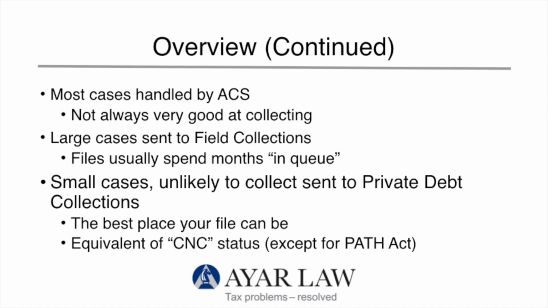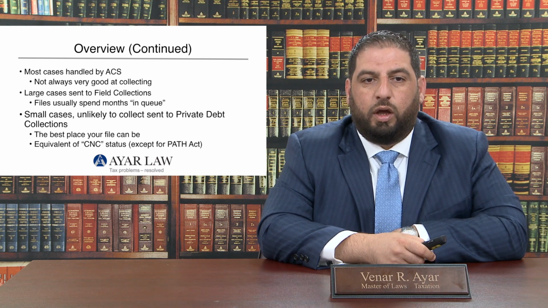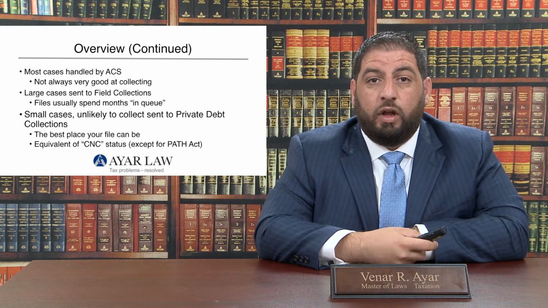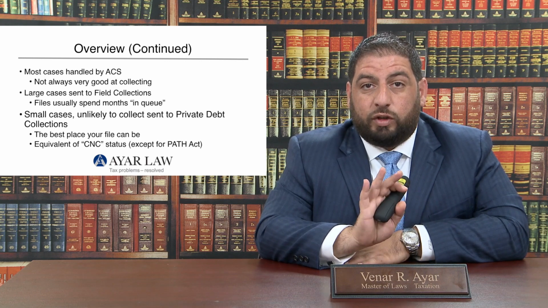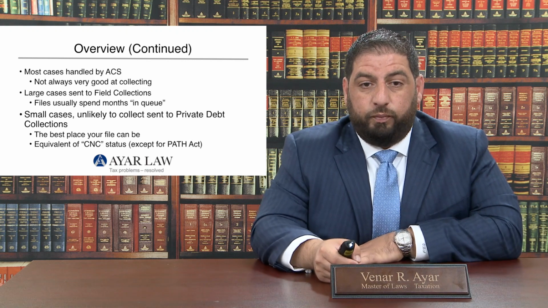Most cases are handled by ACS. Truth be told, it's easy to kind of pull the wool over their eyes and to get favorable results. They're not always that good at collecting. Cases fall through the cracks. They get put on the back burner. Larger cases are sent to the field collections. However, a lot of times the cases will spend months and months and months in queue waiting for an agent.